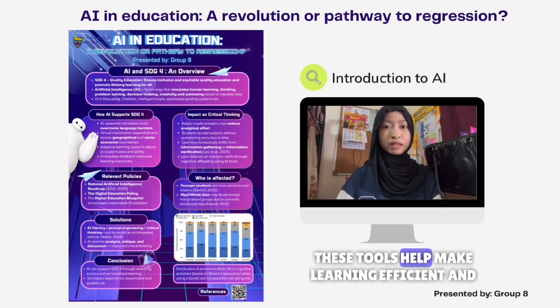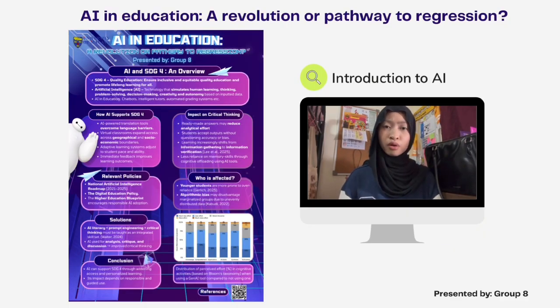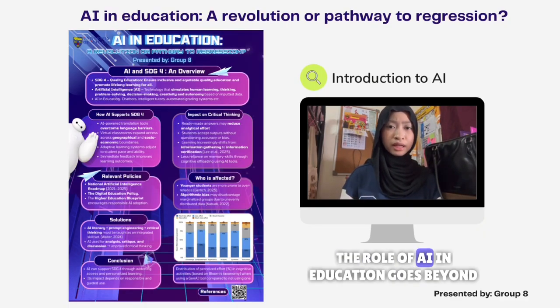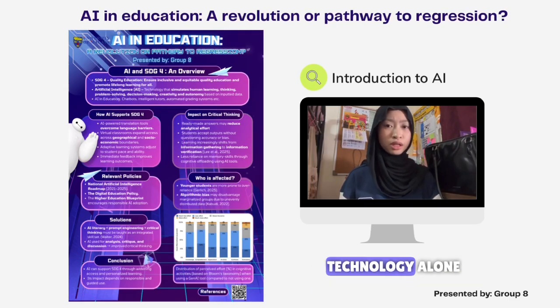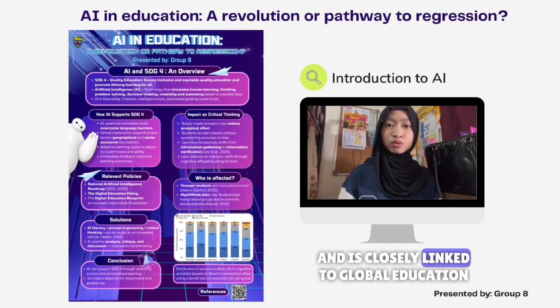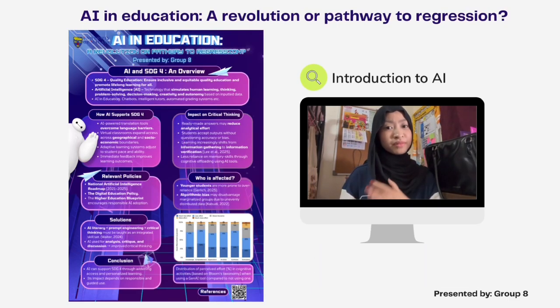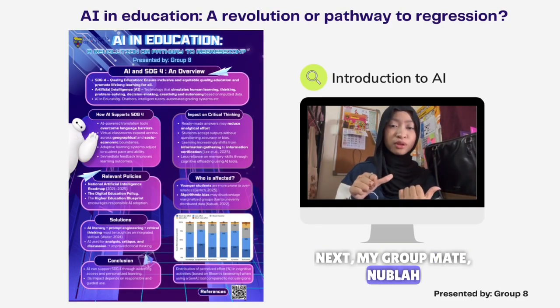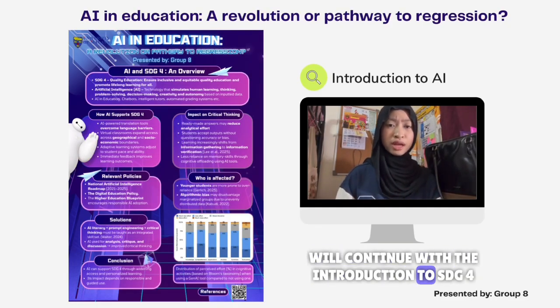These tools help make learning efficient and interactive for students. However, the role of AI in education goes beyond technology alone and is closely linked to global education goals. Next, my groupmate Nubla will continue with the introduction to SDG 4.